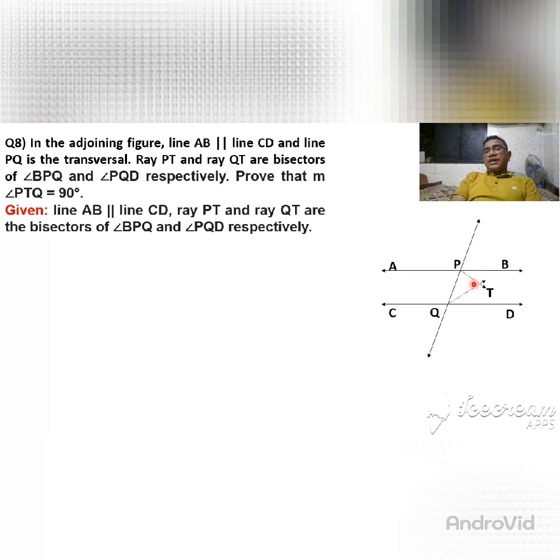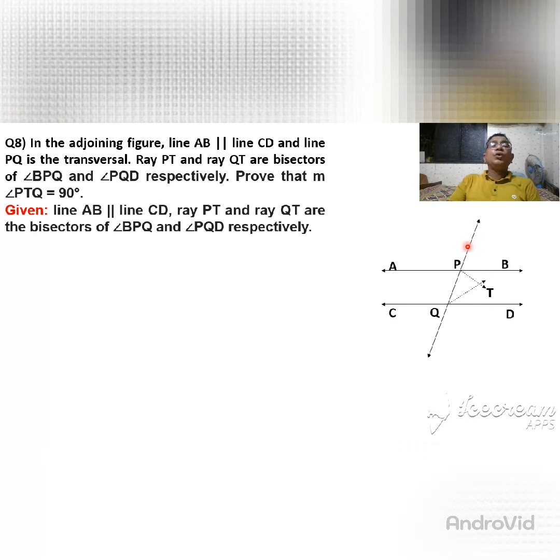All of you know very well that this line AB and this line CD are parallel to each other. So when the two lines are parallel and there is a transversal, see, this is the transversal.